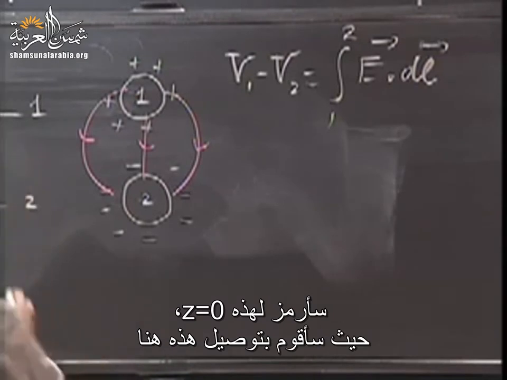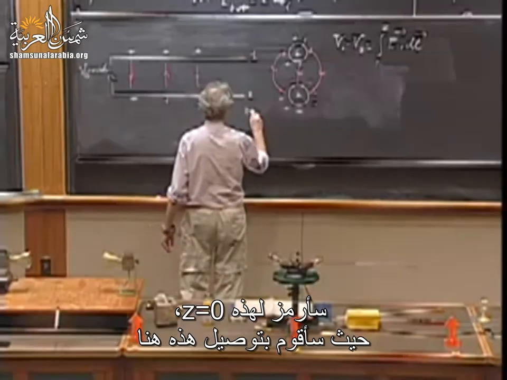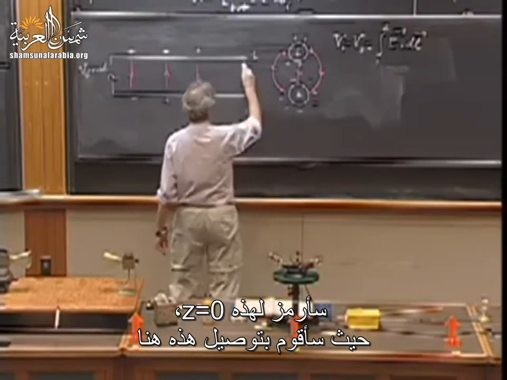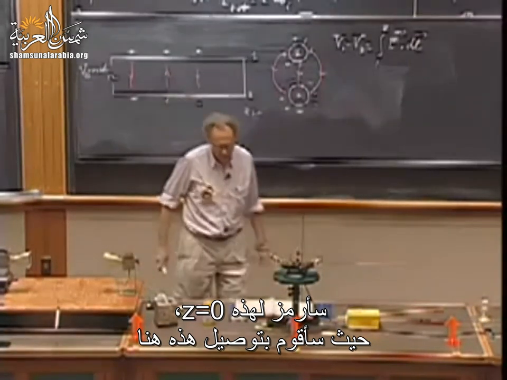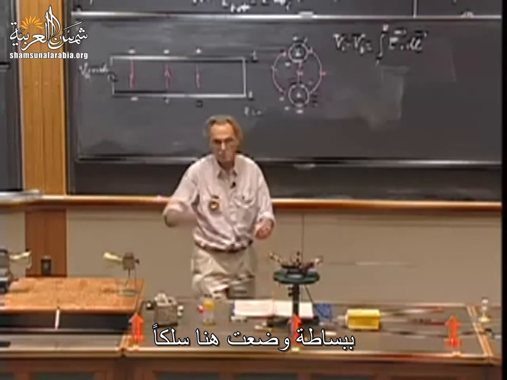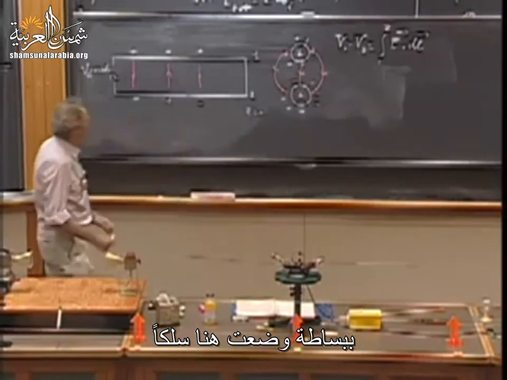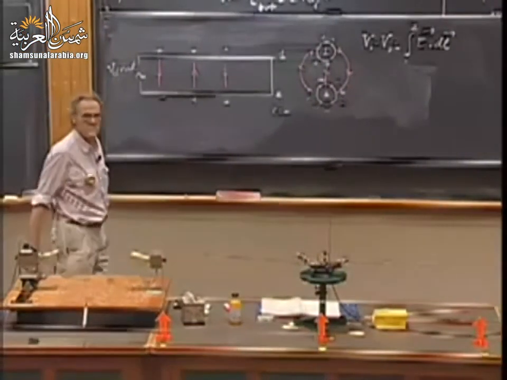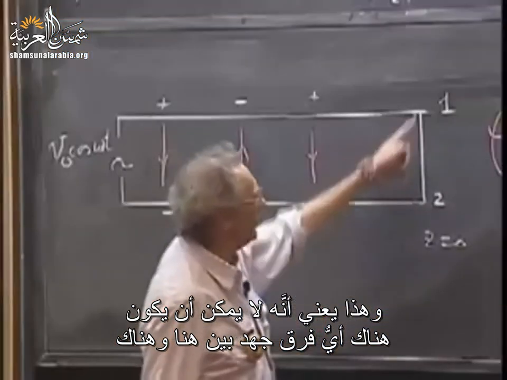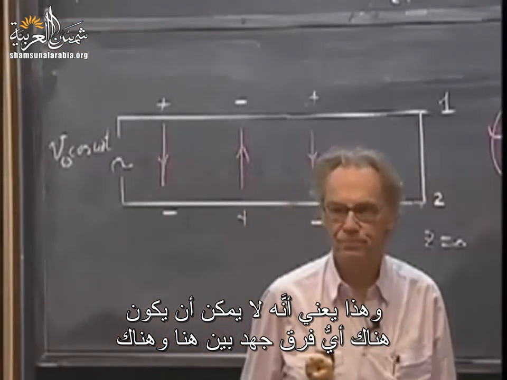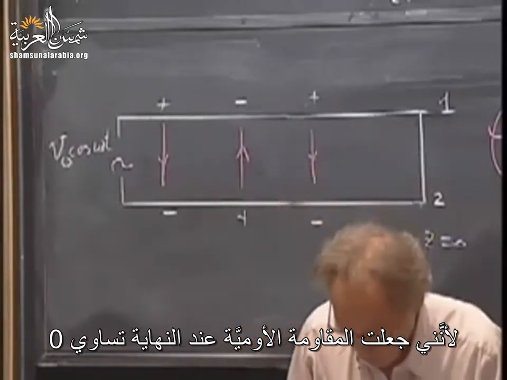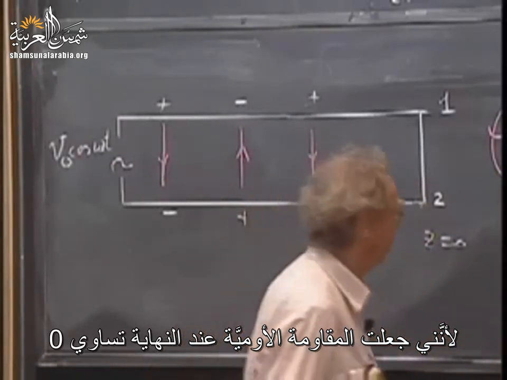Let us assume now, I call this Z equals 0, that I'm going to short this out. So I'm simply putting there a wire to totally short it out. That means there cannot be any potential difference between here and there, because I make the resistance, the ohmic resistance there at the end 0.